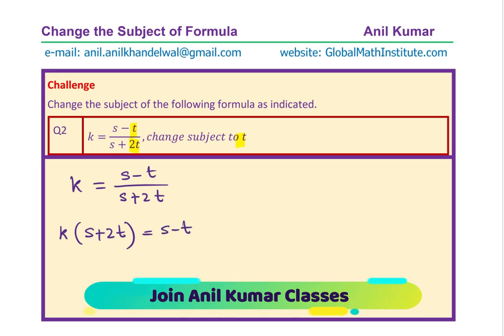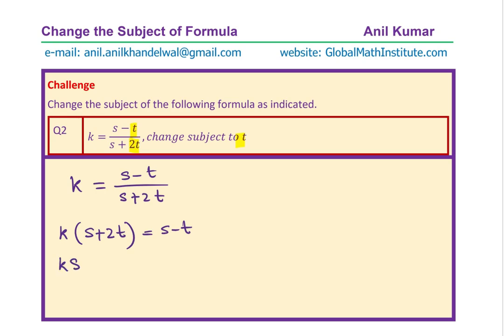Now open the bracket. We get ks plus 2tk equals s minus t. Now since we want to isolate t, let us put all the terms with t on the left hand side. So we get 2tk plus t equals s minus ks.